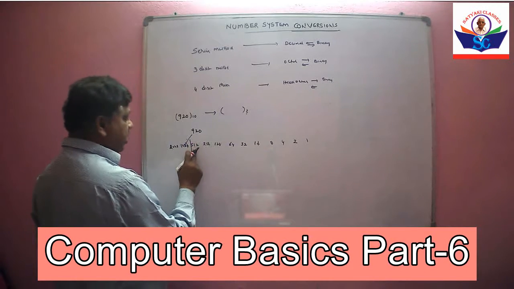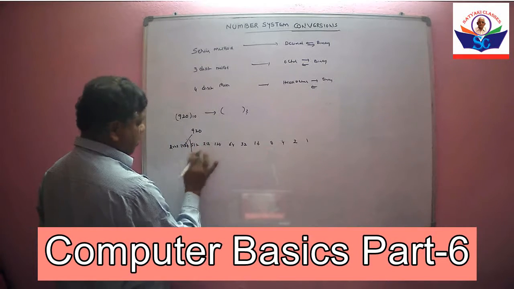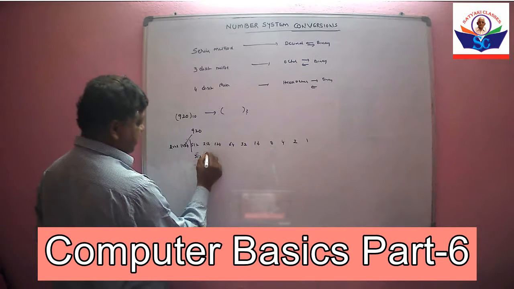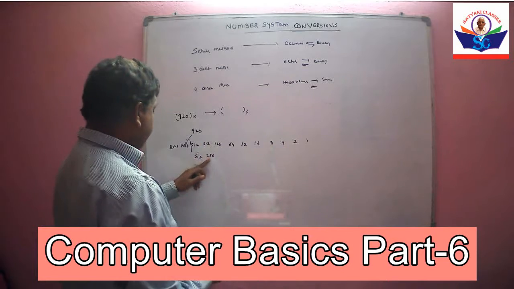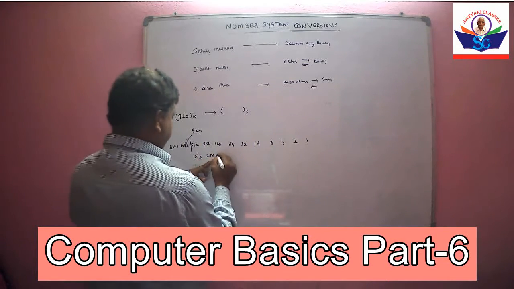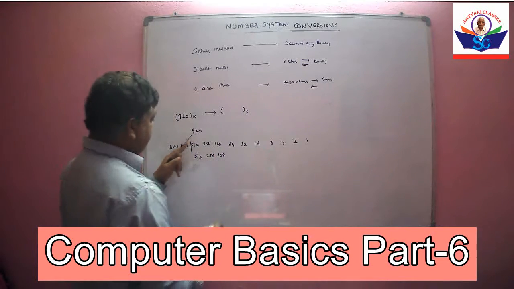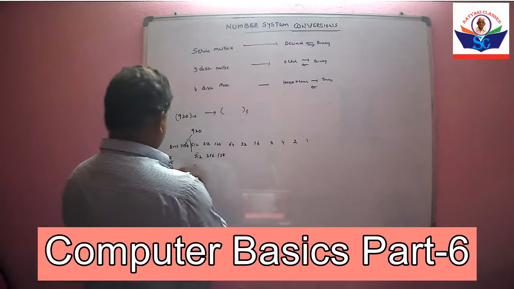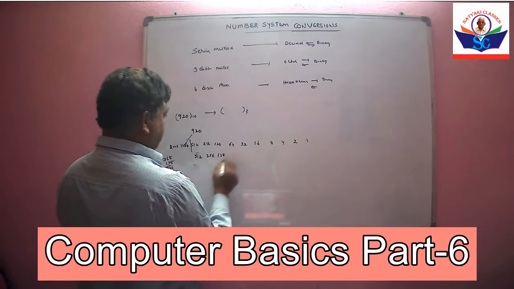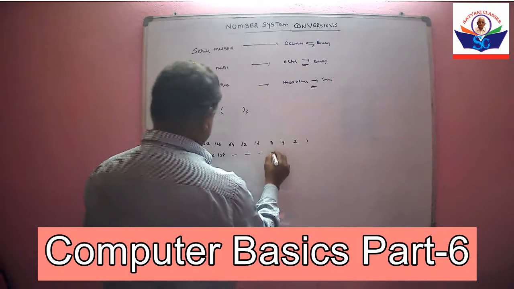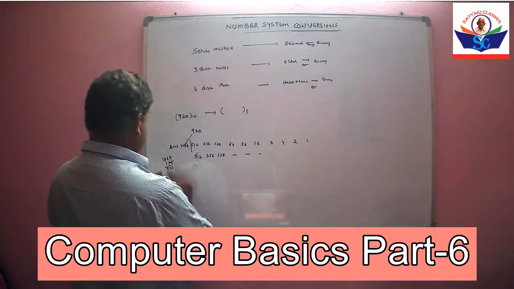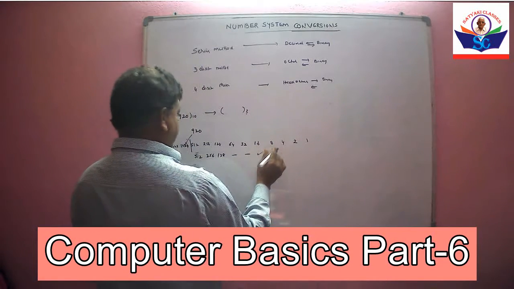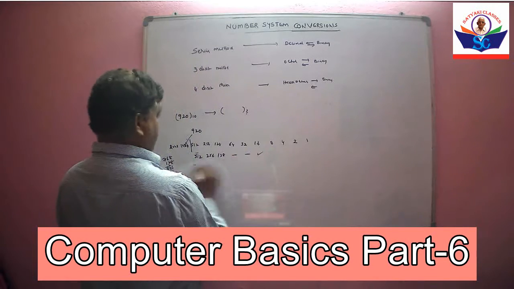So what are the numbers to add? 512, next 256. 512 plus 256 is 768. 768 plus 128 is 896. 896 plus 32 is not suitable. 896 plus 16, and 8 is there.